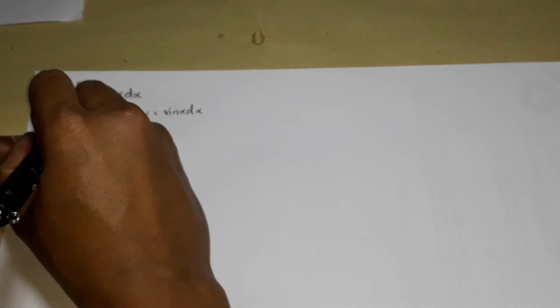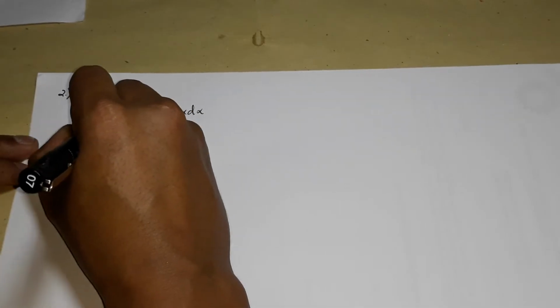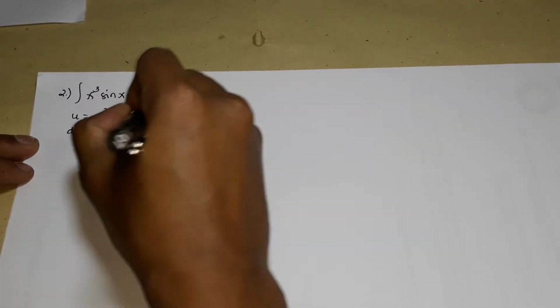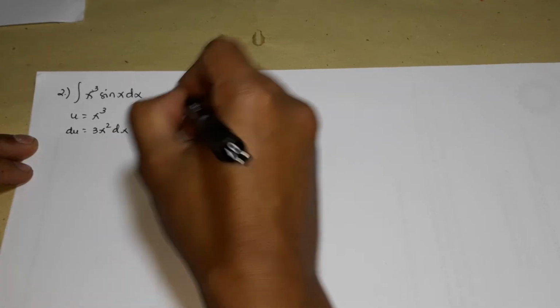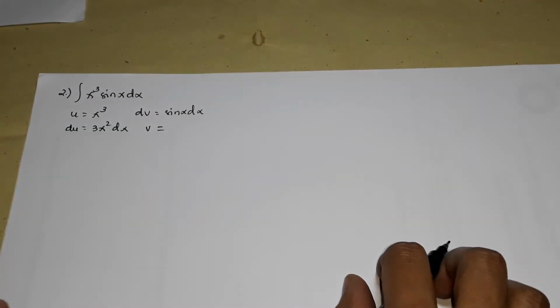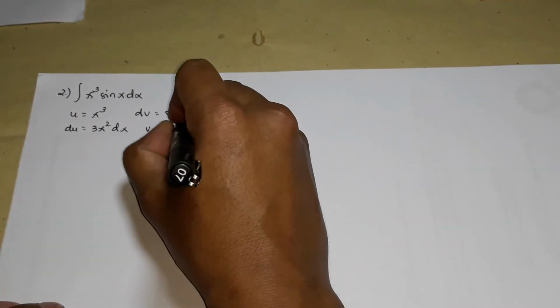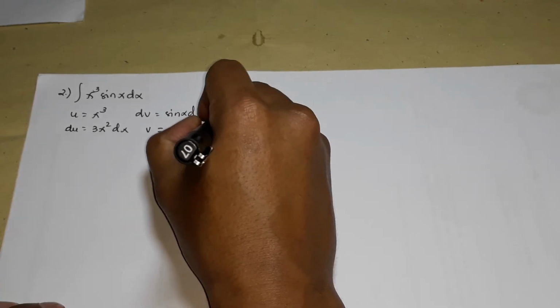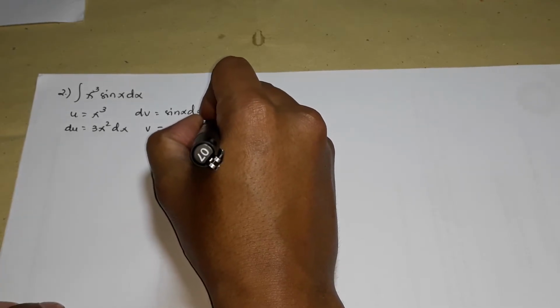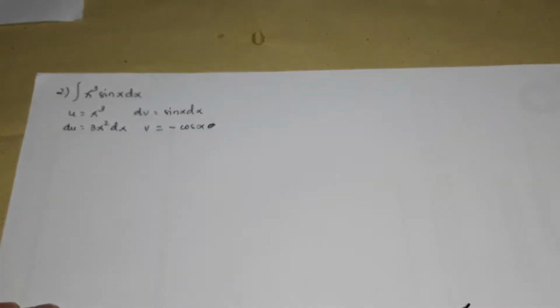So we have du is 3x squared dx, and the integral of dv is v, and the integral of sine x is negative cosine x. Again, sorry for that, we do not add c anymore.